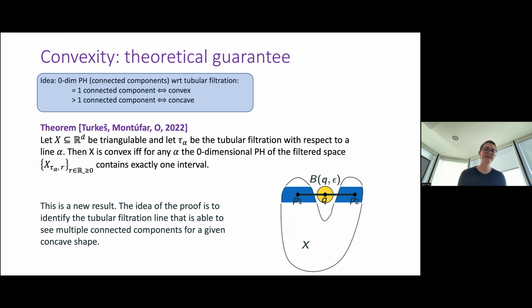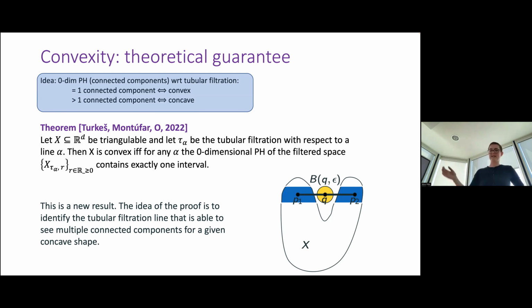So the main idea is that with this kind of filtration, we can look at just the number of components. If you have one connected component, then our shape is convex. If you have more than one, it's concave.